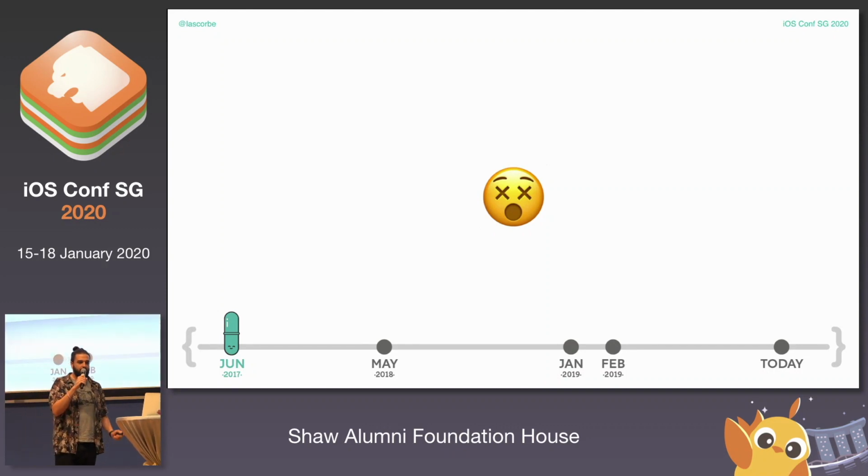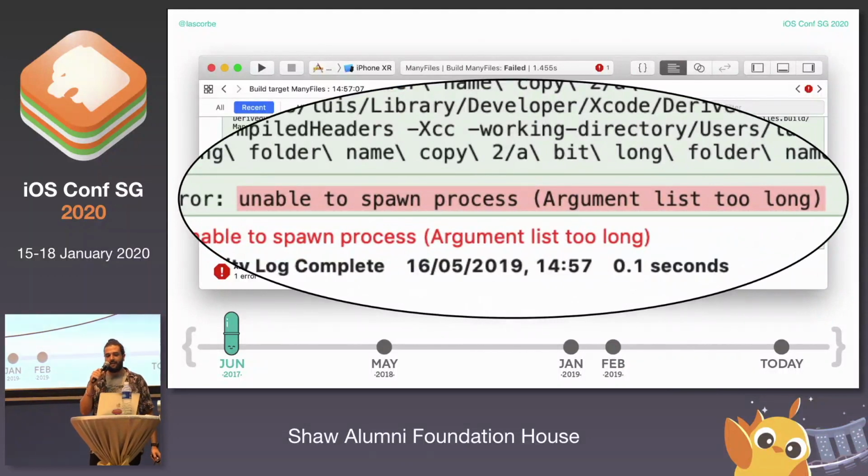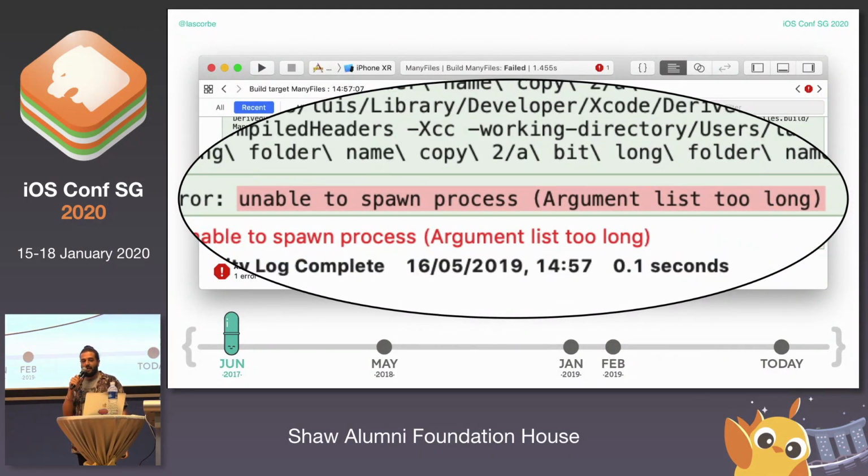So the thing is that we ran into a Swift compiler bug, which is "argument list too long". What does it mean?